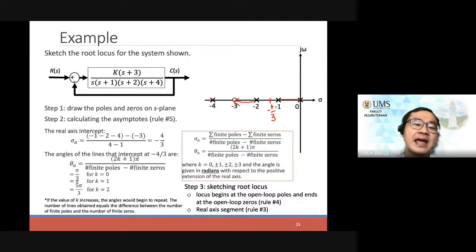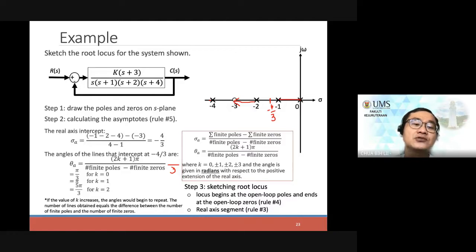And what is the angle of the asymptote lines? We can again estimate using this equation: 2k plus 1 multiplied by pi, which is 180 degrees, divided by the number of poles minus the number of zeros. So we have the same 3 over here. We start with k equals 0.